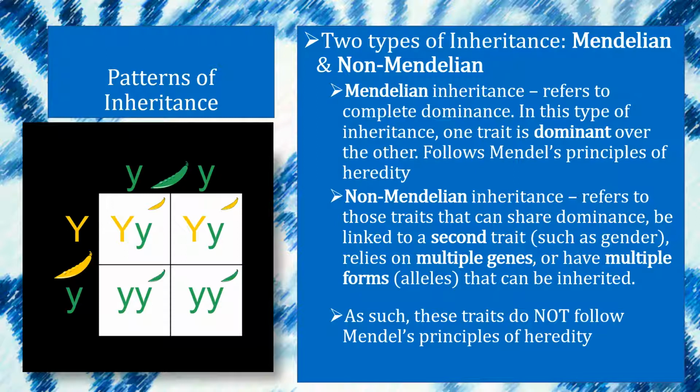Okay, which means that in that type of inheritance, the traits follow what is referred to as Mendel's principles of heredity. Mendel, real quick, is the Austrian scientist who came up with the concept of genetics. He used pea plants, which you can see represented here in this diagram to our left.